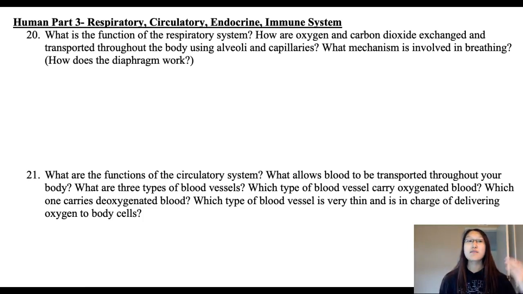So it will carry blood to right outside the lung to pick up oxygen and drop off carbon dioxide. What does that mean? So these capillaries will absorb oxygen from the lung and release carbon dioxide into the lung so that you can breathe out the carbon dioxide, and then the oxygen that you breathe in can actually be carried all around your body using the circulatory system.